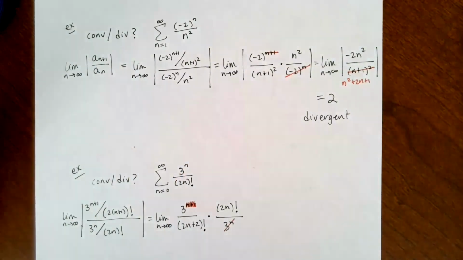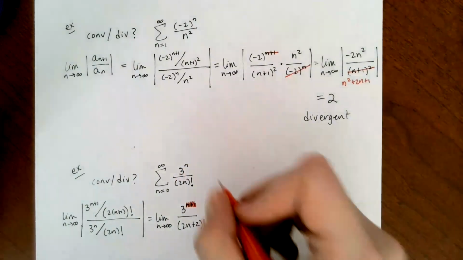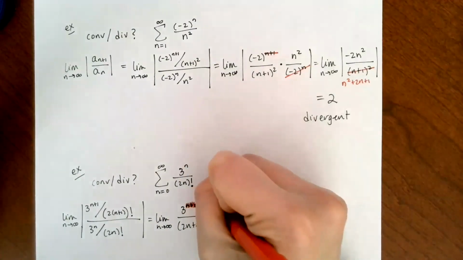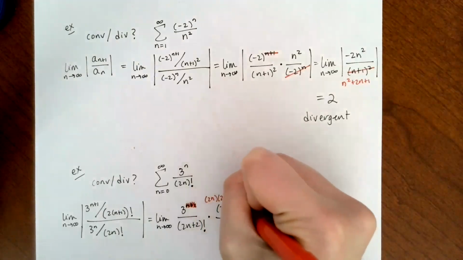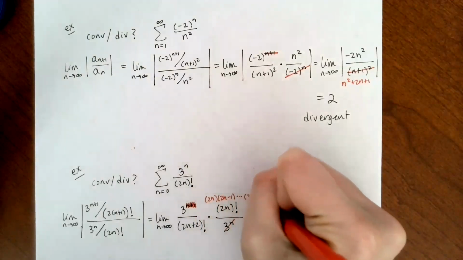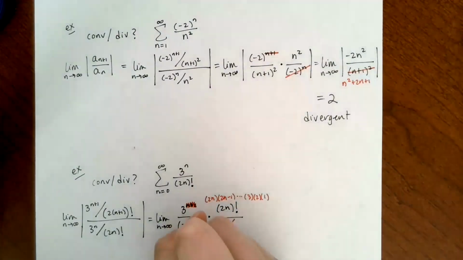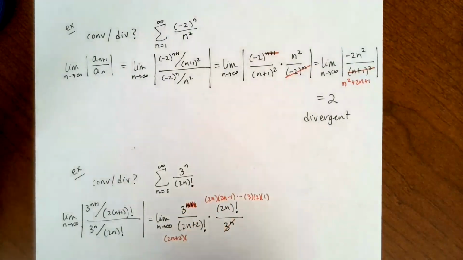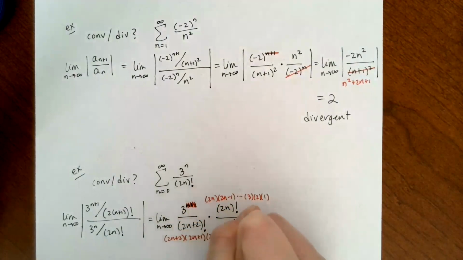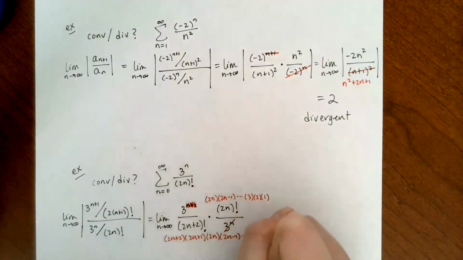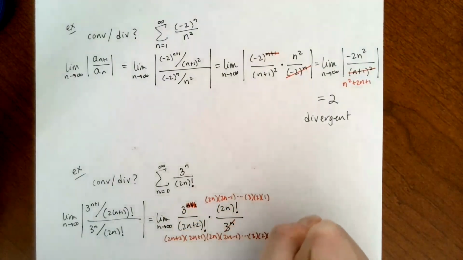Now for the factorials, I want to spell out what these factorials mean so that I'm careful about this cancellation. 2n factorial is 2n, 2n minus 1, all the way down to times 3, 2, 1. 2n plus 2 factorial starts at 2n plus 2. 1 less than that is 2n plus 1. 1 less than that, 1 less than that, all the way down to times 3, 2, 1.